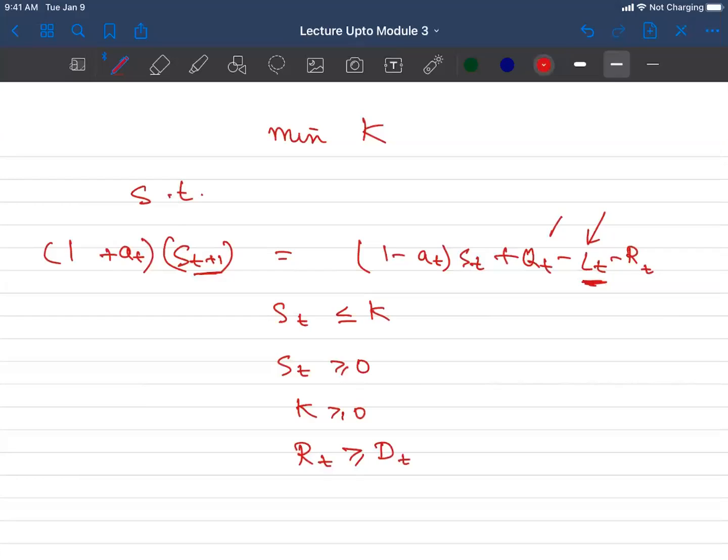Now, my question to you is, I don't really like equality constraints that much. I hate equality constraints.